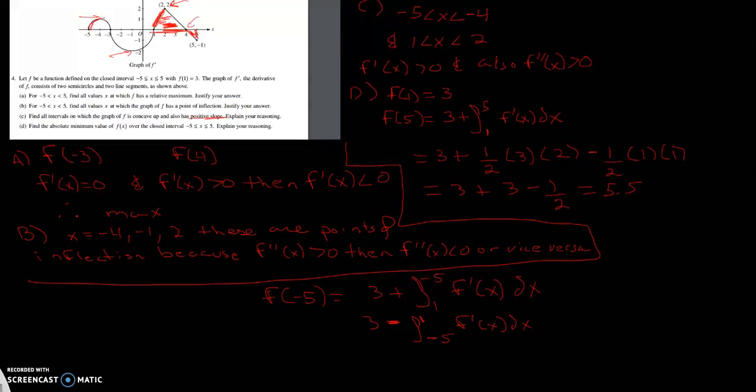Okay, that's going to equal 3 minus the integral. I don't know how big I need. So I need to find this area over here. When I find this area, it's half of a circle. But it's also below the x-axis, so it's going to be negative. So now I'm going to put negative 1/2 pi. The radius is 2 squared.